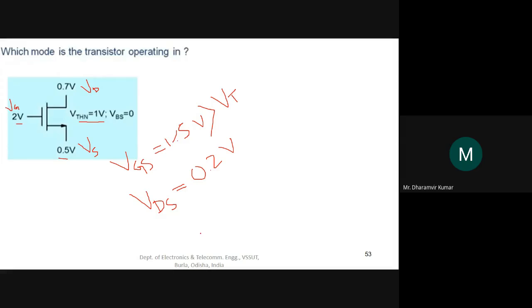And what is VDSat? VDSat is VGS minus VT. VGS we have calculated as 1.5 volt, 1.5 minus 1 becomes 0.5 volt.